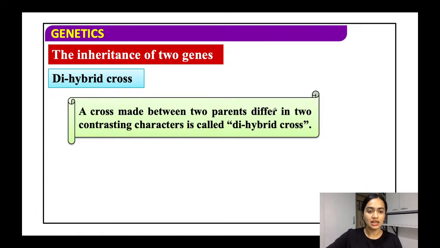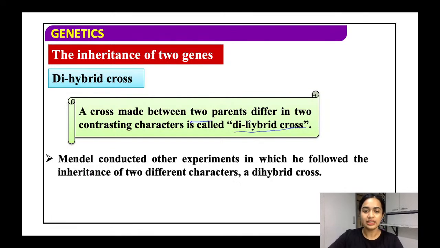So, what is a dihybrid cross? It is a cross between two parents that differ in two contrasting characters. Whenever two parents differ in two characters, it is called a dihybrid cross.